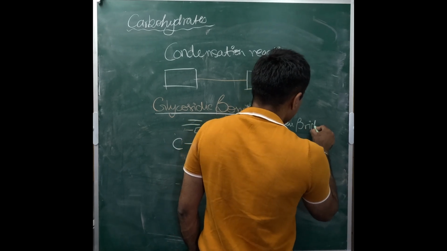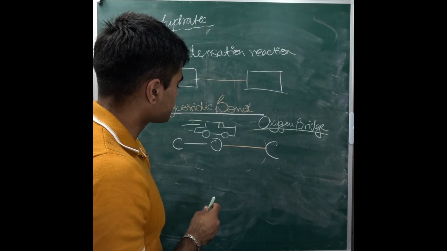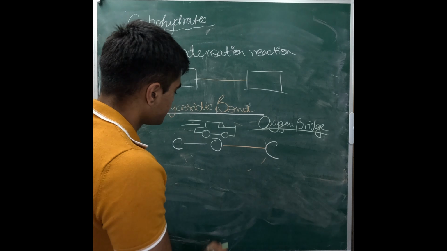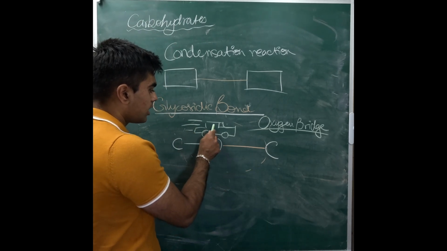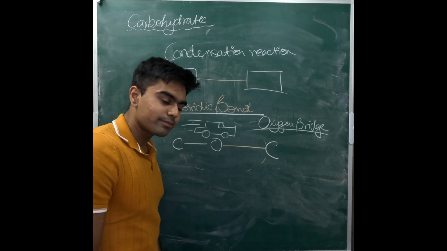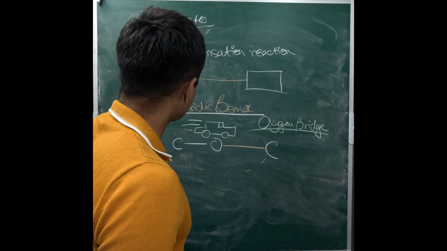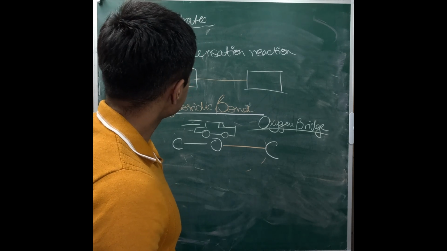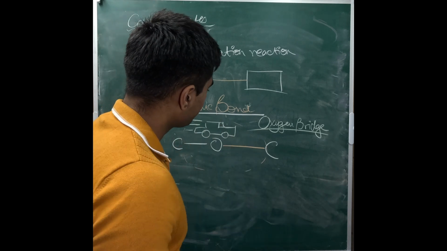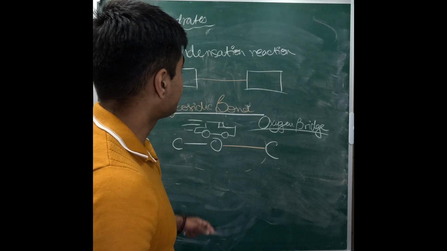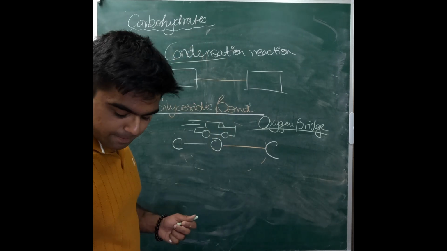So a glycosidic bond can also be referred to as an oxygen bridge. It's an oxygen, and it's like a bridge on which you can have a car zooming past. Lovely creativity. Who said science doesn't require imagination? So you've got your glycosidic bond and how it's formed. A glycosidic bond is formed through a condensation reaction.